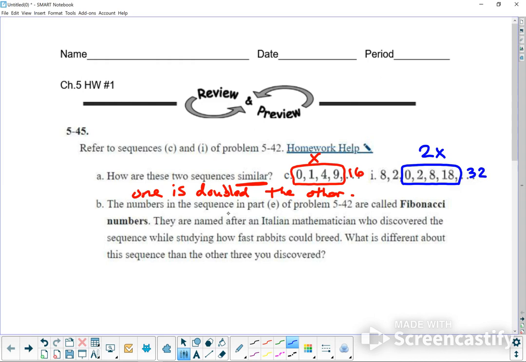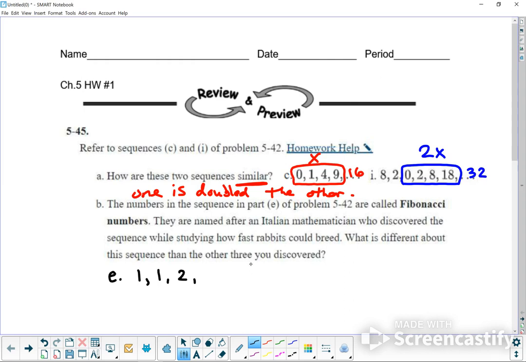The sequence in part E of this problem is called the Fibonacci sequence. They are named after an Italian mathematician who discovered the sequence while studying how fast rabbits could breed. What's different about this sequence other than the 3 that you discovered? So here's the Fibonacci sequence if you didn't know. This is part E. The sequence is 1, 1, 2.